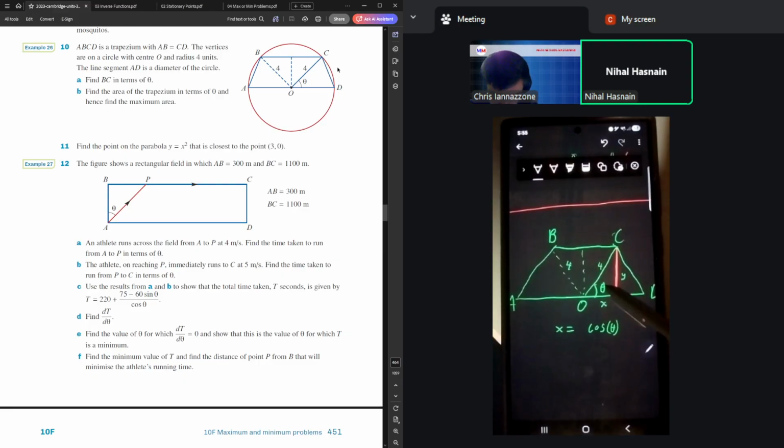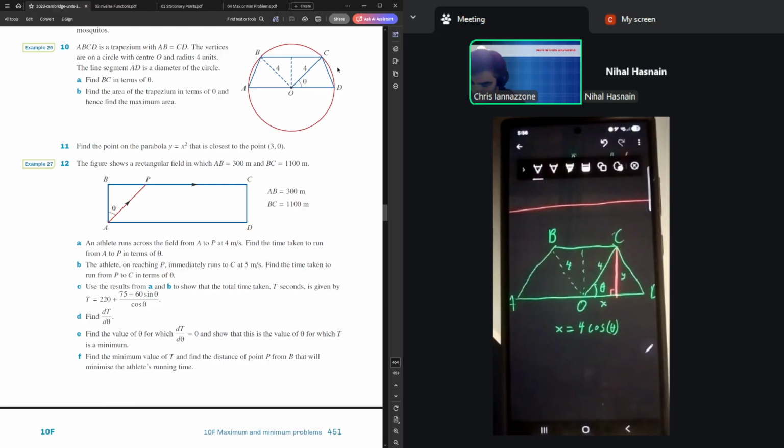Cos theta will be equal to x over 4, so bringing the 4 to the other side, x equals 4 cos theta. There you go.